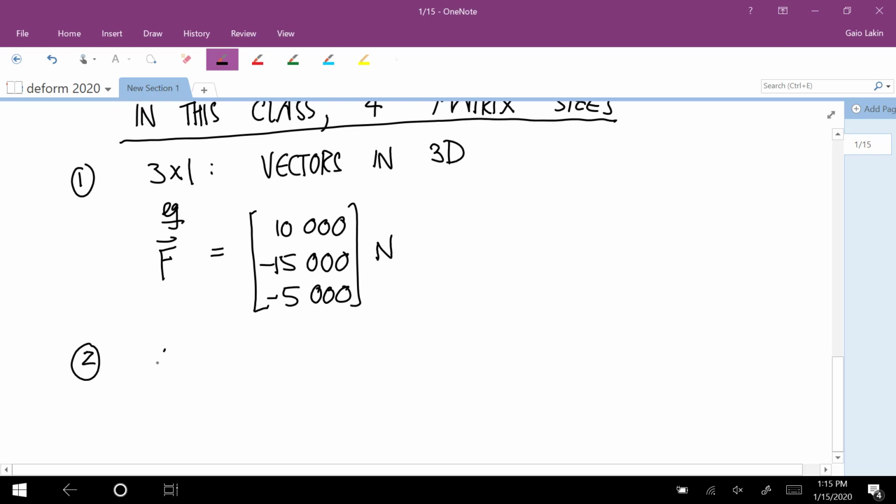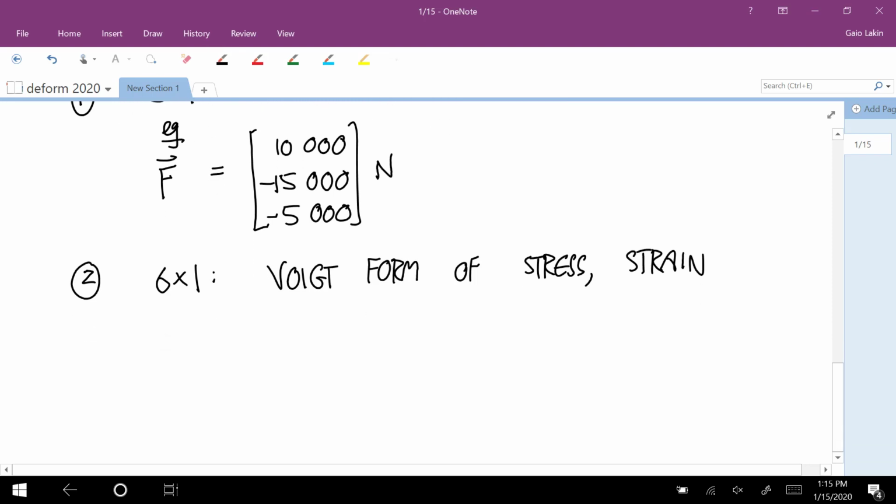The next type we're going to see is a 6 by 1. And this is going to be what's called the Voigt form of stress or strain. So like the Voigt strain, you represent with an epsilon.